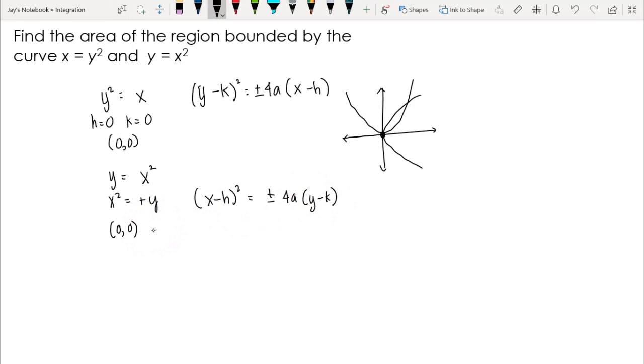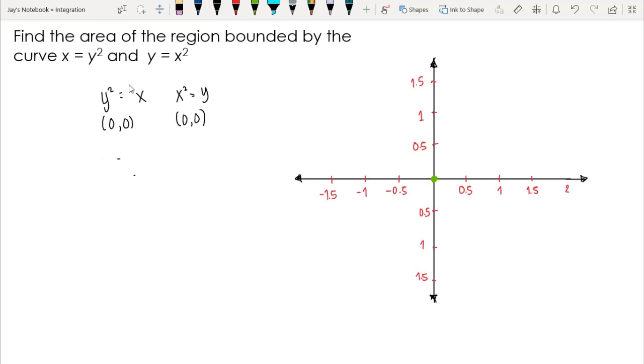Now let's try to plot this graph accurately in our Cartesian plane. Let's plot first y squared is equal to x, so we can create a table with x and y. If we set our x as equal to 1, our value of y could be plus or minus 1, correct?